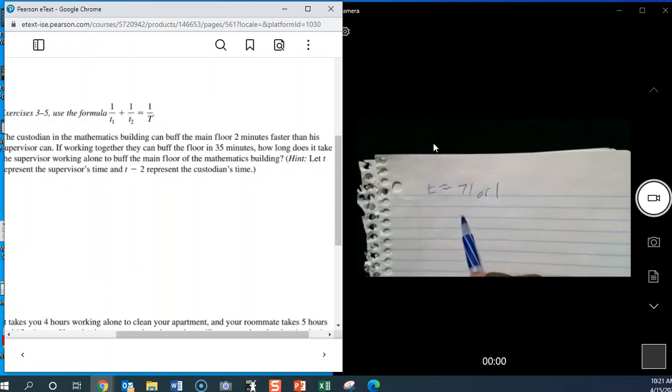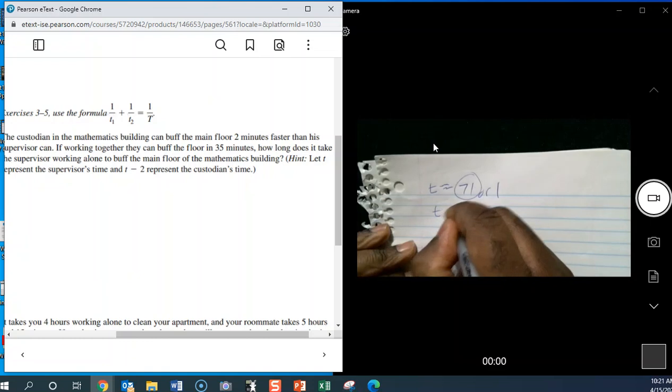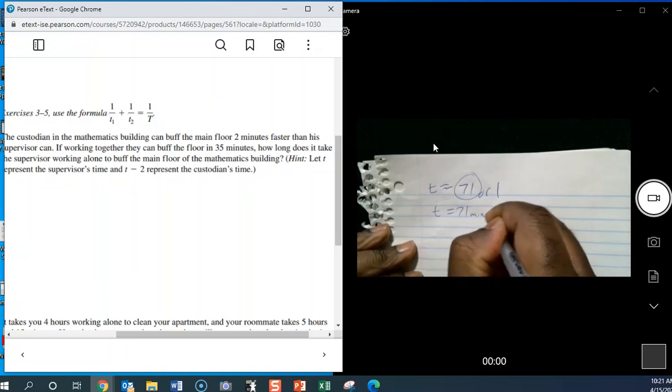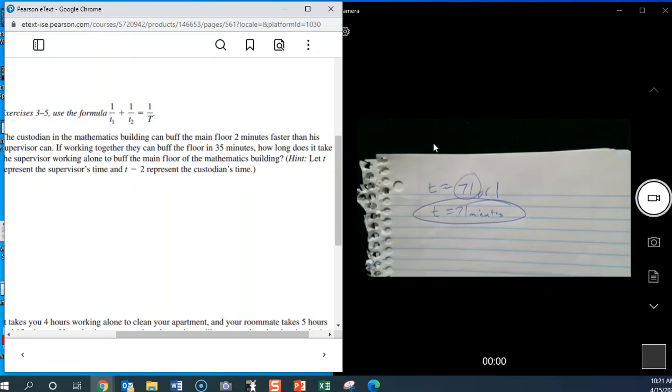So we know that this supervisor is not going to be able to finish a job totally by themselves, because they work a shorter time than the custodian does. So the only answer that makes sense is the 71. So our answer here would be t is equal to 71 minutes. So it would take the supervisor about 71 minutes to complete the job.